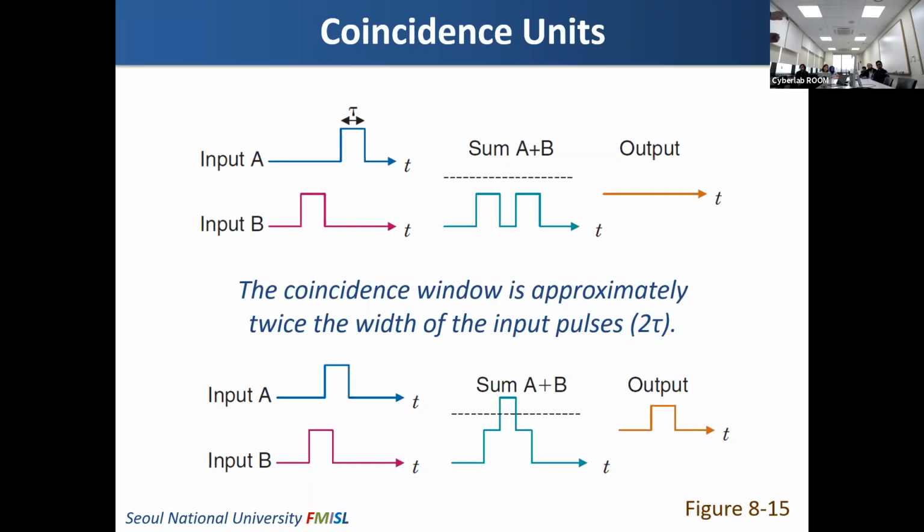But the time of flight information means the time difference between these two leading edges. Based on this time difference, we can localize the event along the line. In the conventional case, we didn't measure this time difference.